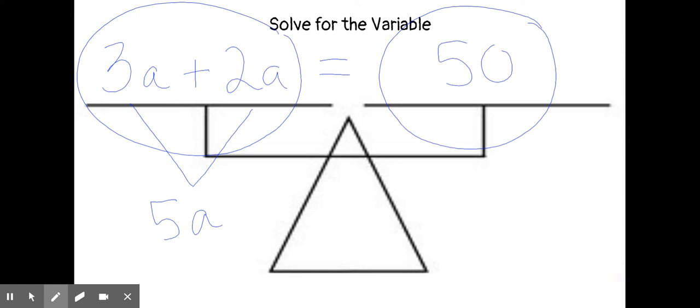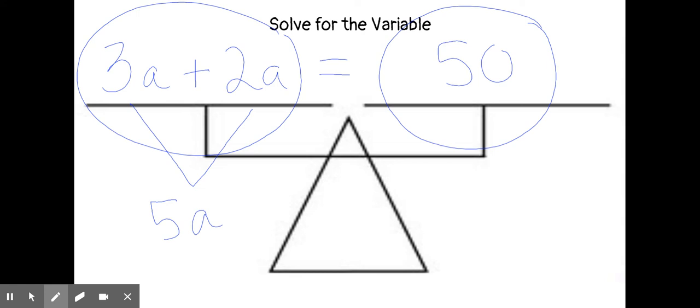Would you put up a 5 and 1 pawn? No, that would mean 5 plus a. We're talking about 5a, so that's 5 variables. That's right, put up 5 unknowns, 5 pawns. And then on the other side, somehow put up the number 50 using your red cubes. So we have 5 pawns equals 50.